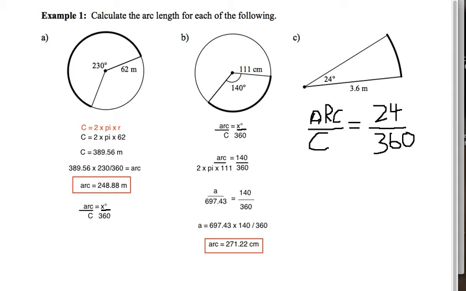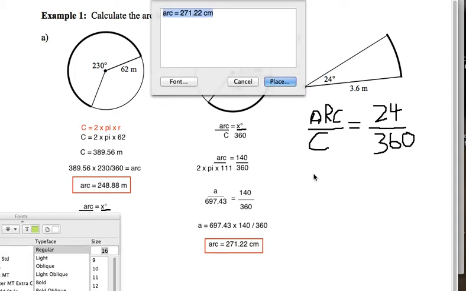I can say, let me go back to typing so I don't take up the whole screen with my awful grade 1 handwriting. Arc is equal to, it's going to be 24 over 360. So arc is the circumference, which is 2 times pi times my radius, which is 3.6 meters in this one, is going to be equal to 24 over 360.